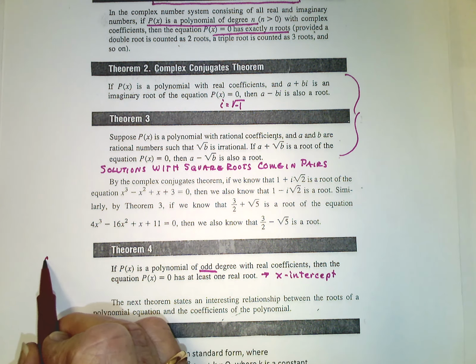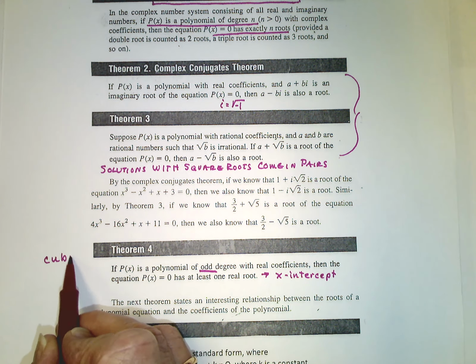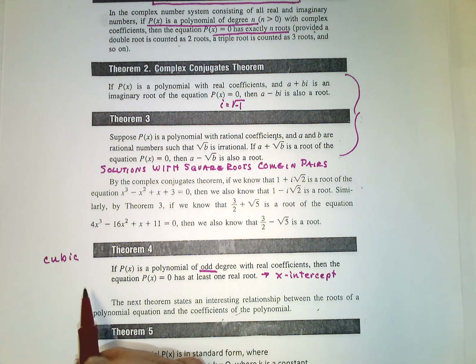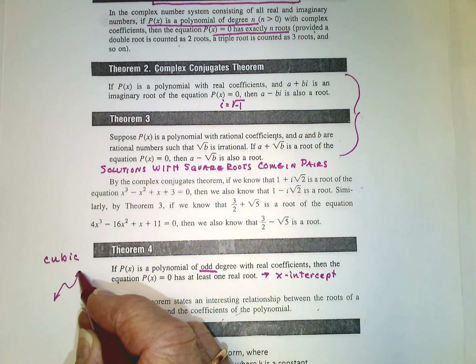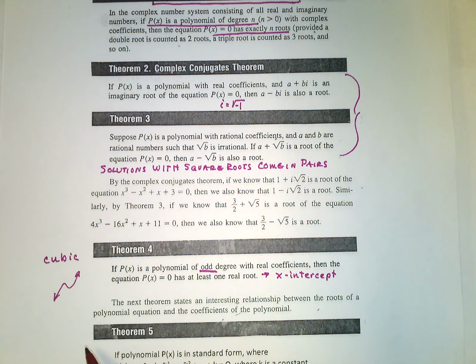Well, think about it. If we have a cubic function, that's degree 3, and picture its graph. Something like this. With that kind of end behavior, it has to cross the x-axis. There is no way it can avoid it. Whether it wants to or not, it is going to end up crossing the x-axis at least once.